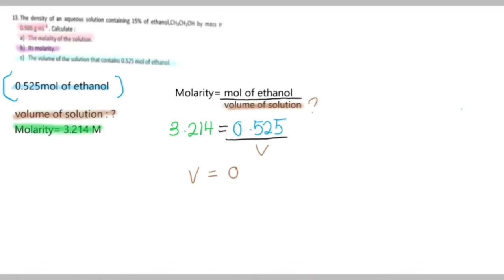The molarity we already found in part B, so it's 3.214 molarity. We need to take 3 decimal places so the answer will be more accurate. So 3.214 molarity equals 0.525 divided by the volume of solution. We change the place, and V, the volume of solution, equals 0.525 mole divided by 3.214 molarity.